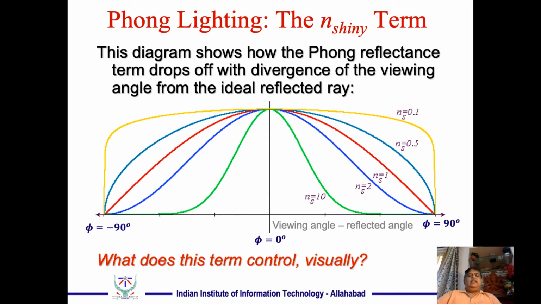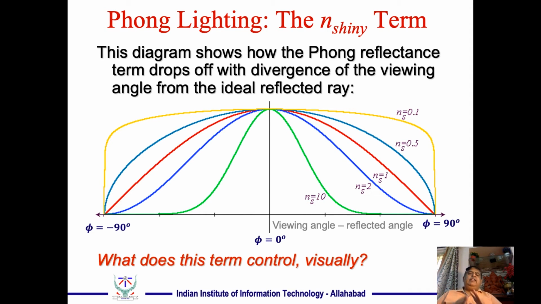Here you see the green curve, which is for n equal to 10, and as n reduces, the concentration of the beam, the thin pencil-like specular Phong illumination, reduces. We see that at 1 it follows a normal cos theta term, and if we take n less than 1, we practically get a uniform illumination, which is shown with the yellow curve.